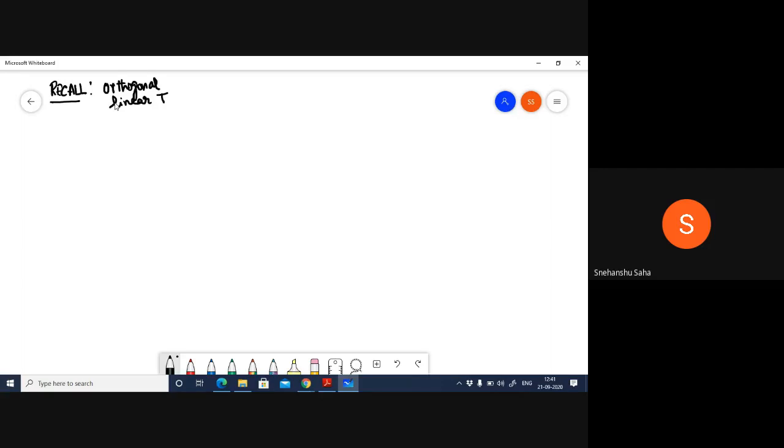Also recall some of the basic properties of the inner product, which means inner products are symmetric, right? So this is one.